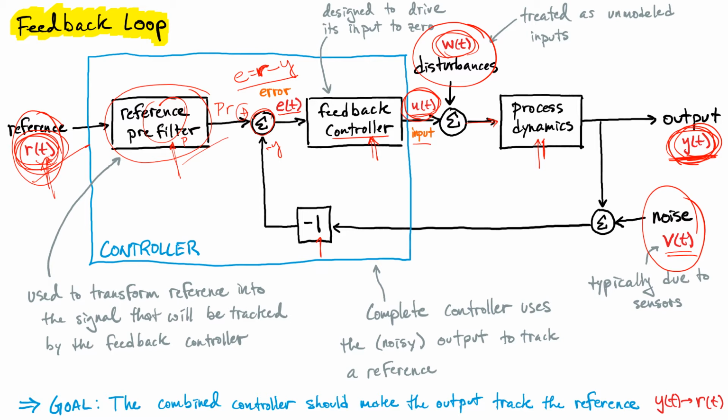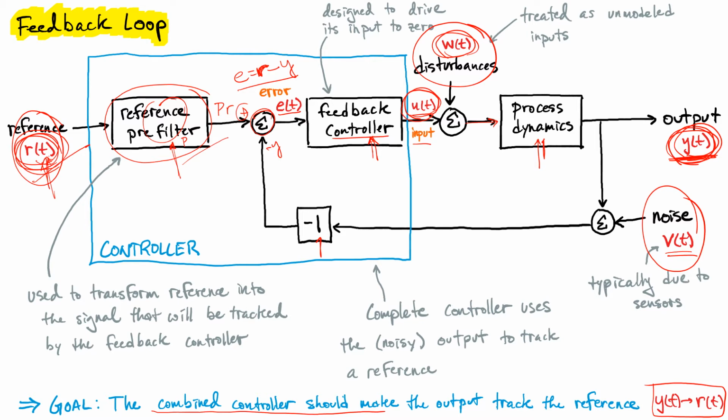And like the open loop case, we have these three terms, and we're interested in understanding how feedback helps us with our ultimate goal, which is how does this combined controller make the output track the reference? So we know that Y maybe can't be exactly equal to R, but we'd like for Y to approach R and track it, which is the terminology that we'll continue to use.